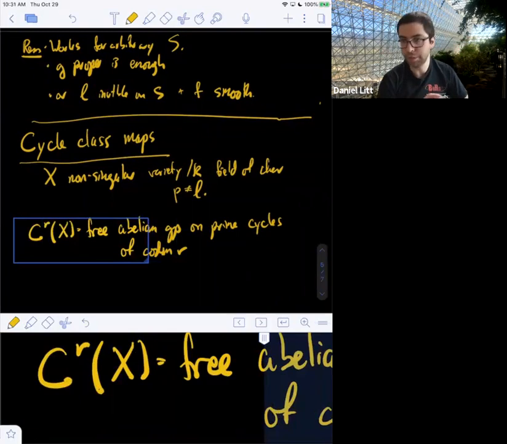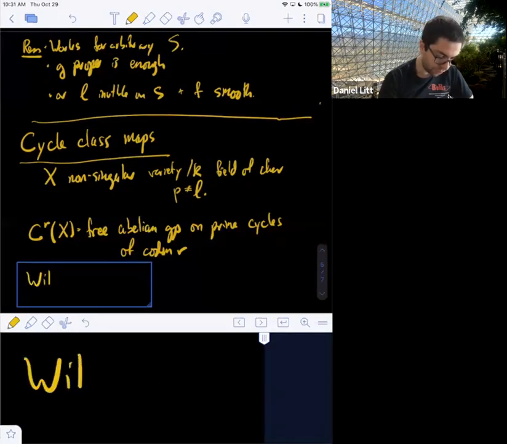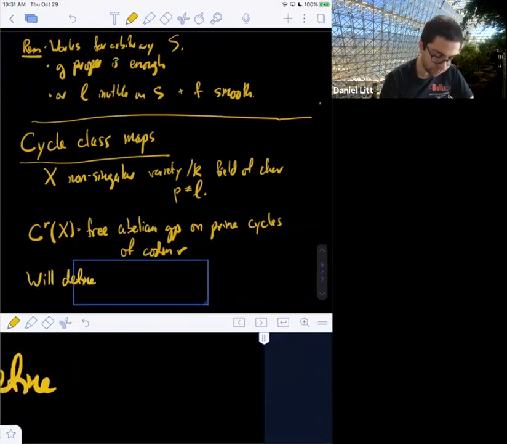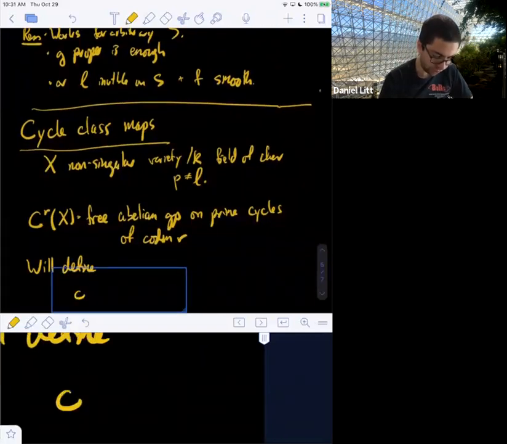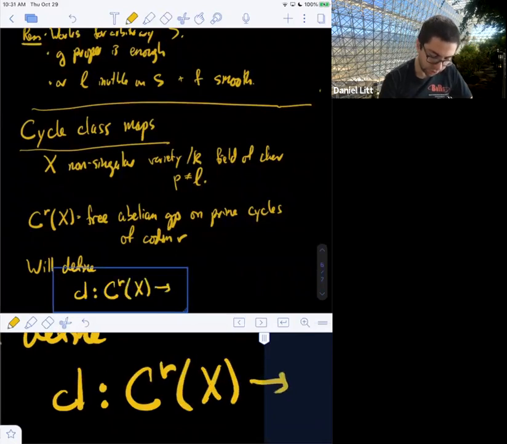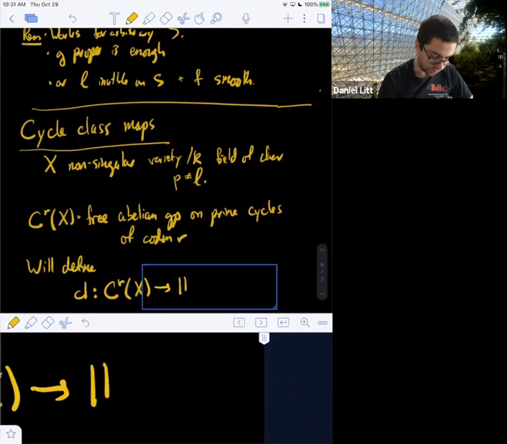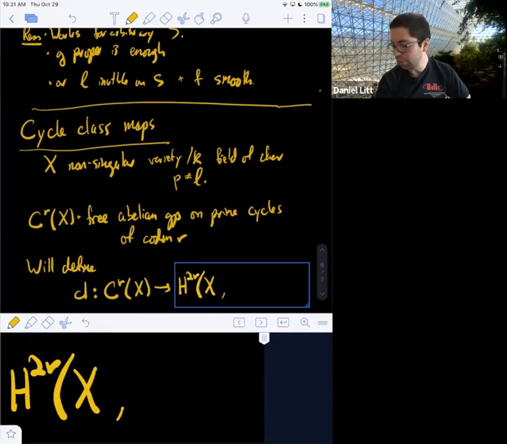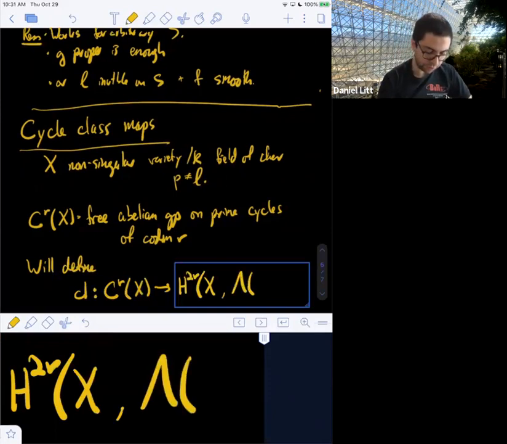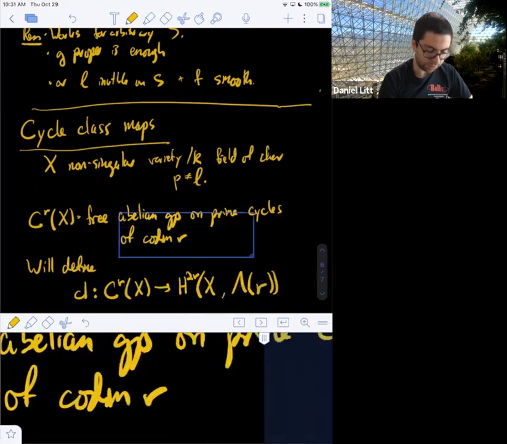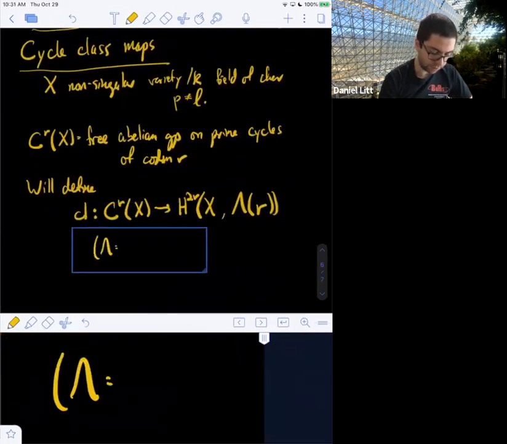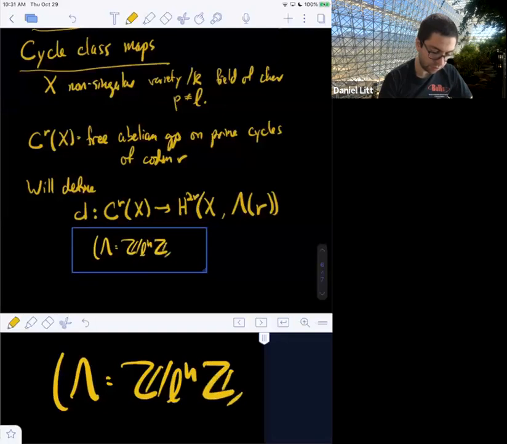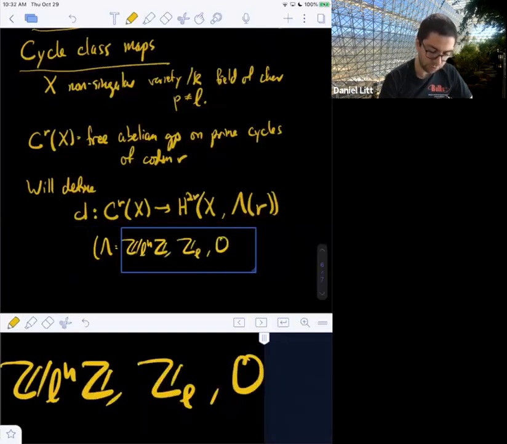You have to make sense of multiplicity, but let me ignore that for now. And so our goal will be to define a cycle class map, which we'll call cl, from C^R of X to H^{2R} of X with coefficients in lambda twisted by R, where lambda is going to be either Z mod L^N Z, or Z_L, or Q_L.